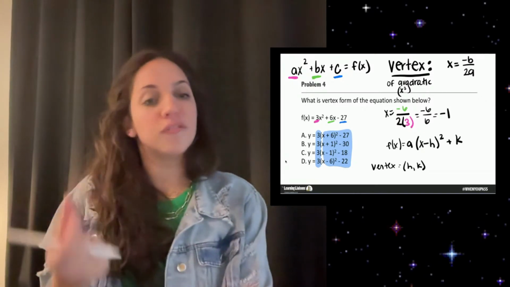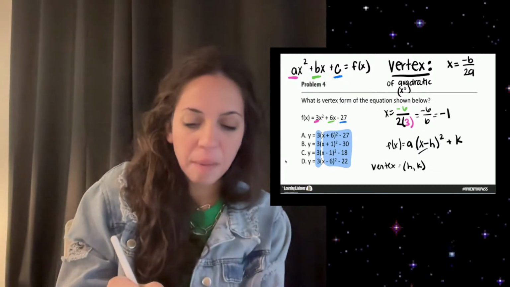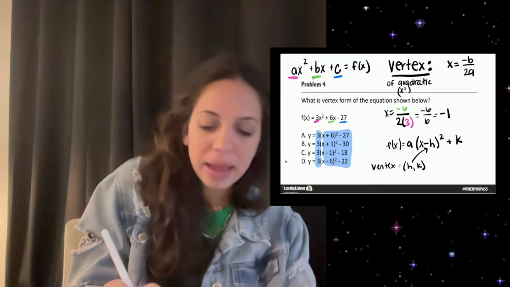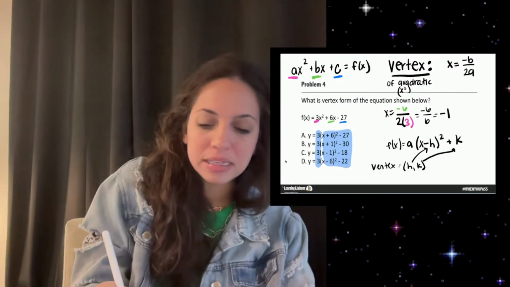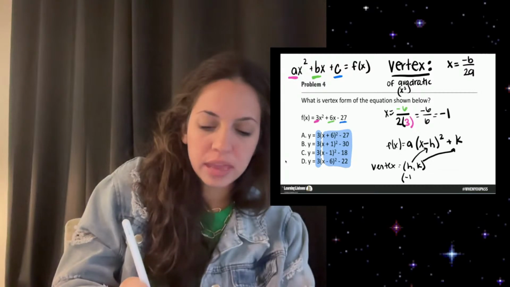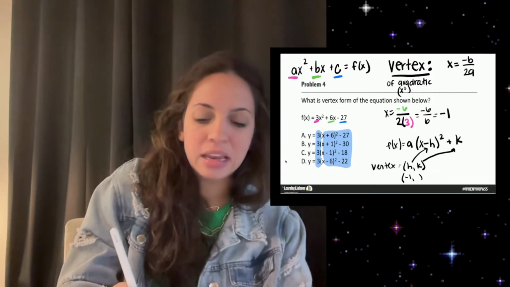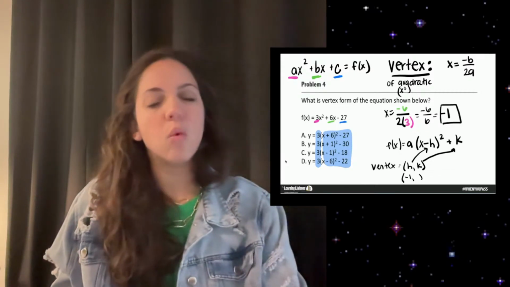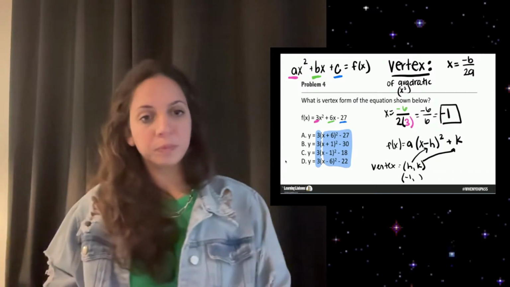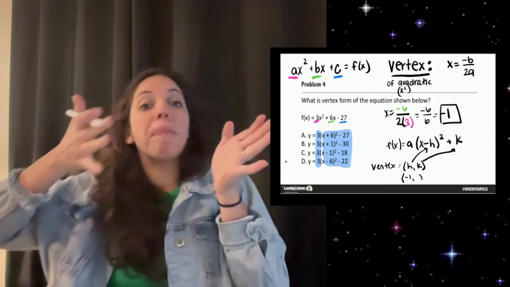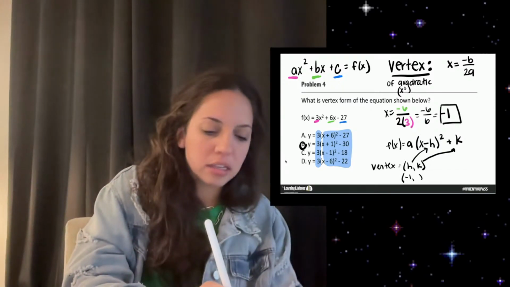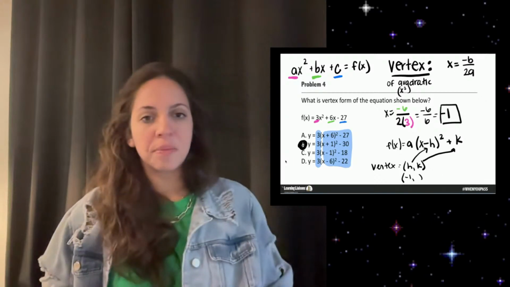So my h value is going to be the opposite sign of what it actually is, but my k value is going to be consistent. So if the h value or the x value is negative 1, then what is my vertex form going to look like? X plus 1, because it's going to be opposite. The only x plus 1 we have is letter B.